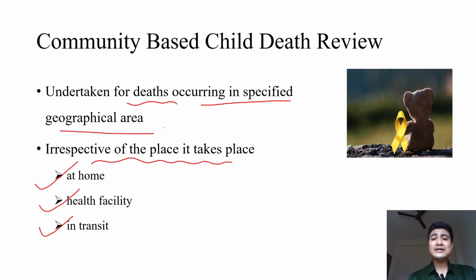But if we compare it with the maternal death review, the community-based maternal death review was done only when the maternal death happened at community level or in transit, but not in the health facility. If the maternal death happened in a health facility, then the facility-based maternal death review was done. But in case of child death review, the community-based child death review is done irrespective of the place of child death.